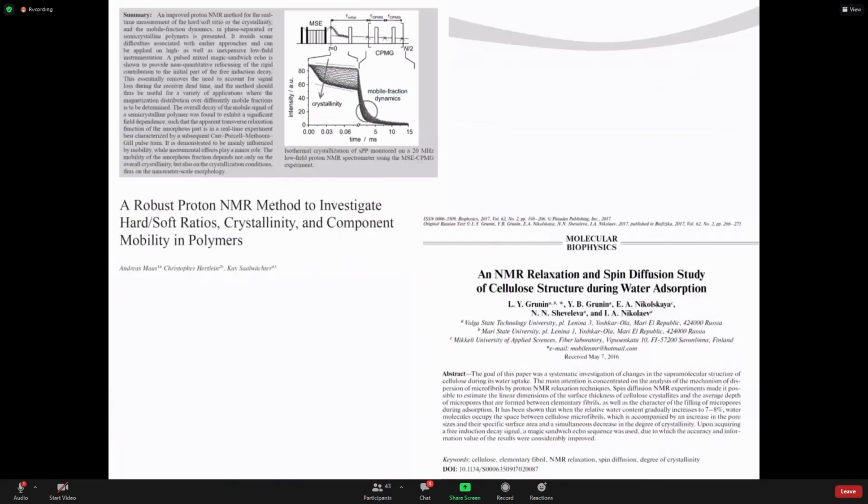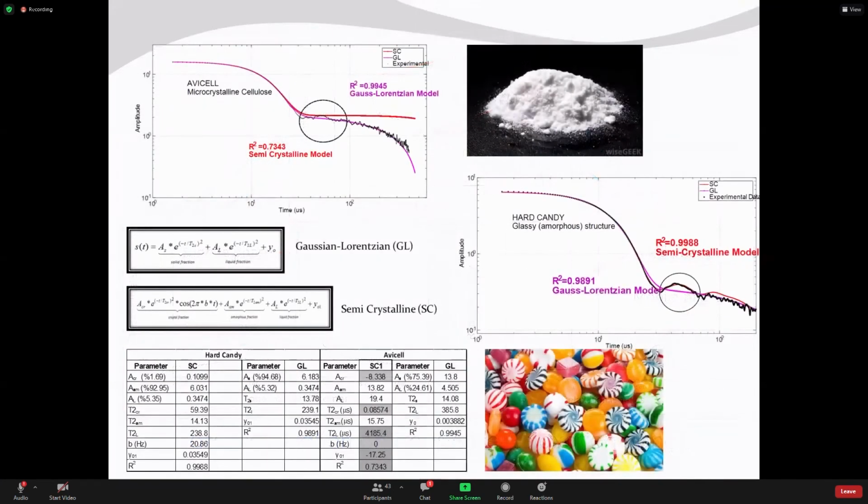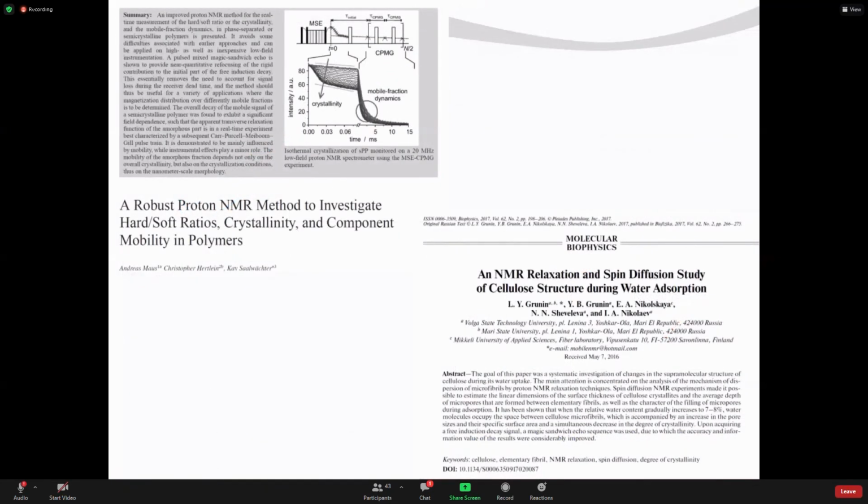Okay, I would like to show a new technique that we are going to use in SuChAQuality for confectionery products. Well, for the last 2 years, with the help of Dr. Grunin, we have been working on using some sequences, like the magic sandwich echo sequence, to understand the crystallinity in certain food systems.